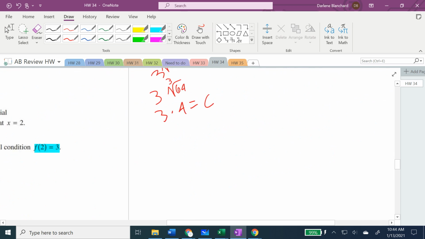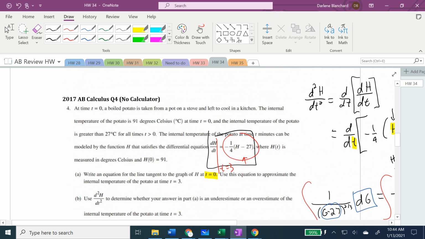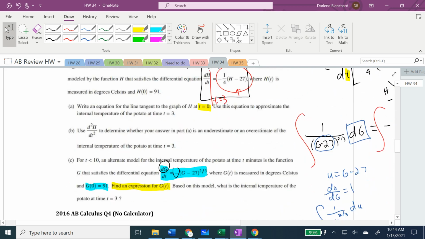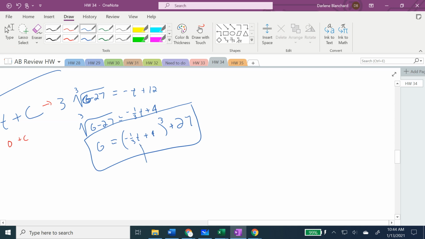It then asked me to do more. Based on this model, what is the internal temperature of the potato at time 3? So now I'm just going to plug a 3 into my t and say that g of 3 is negative 1 plus 4, which is 3. 3 cubed is 27. 27 plus 27 is 54.